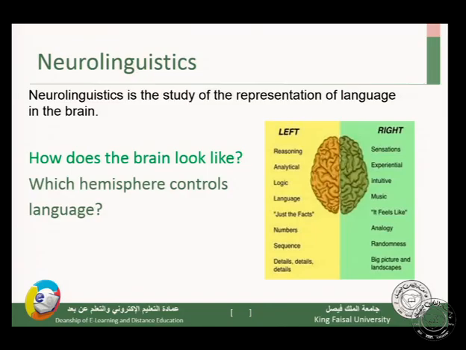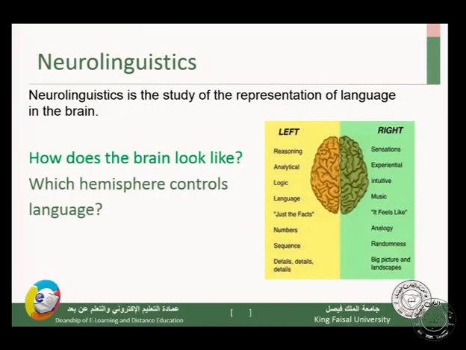Sphere means ball, hemi means half. So the brain can be divided into two parts: the left side of the brain, the left hemisphere, and the right side of the brain, which is called the right hemisphere.